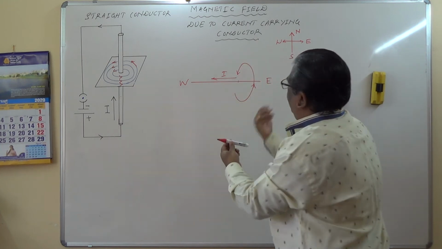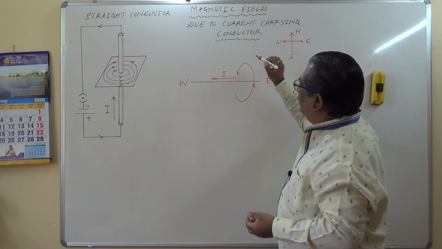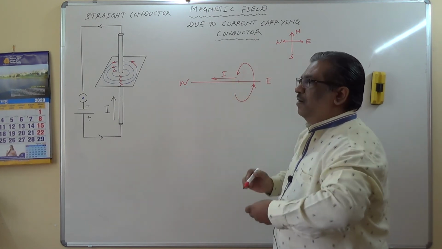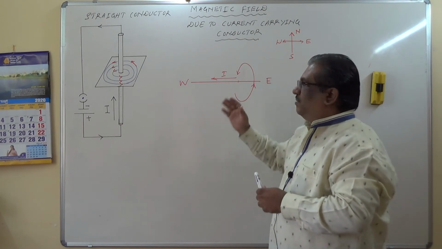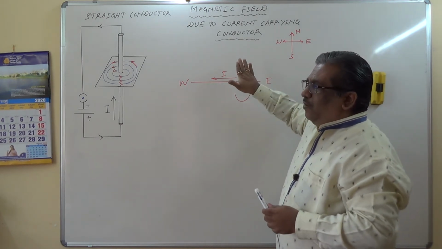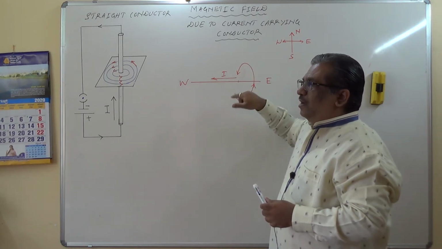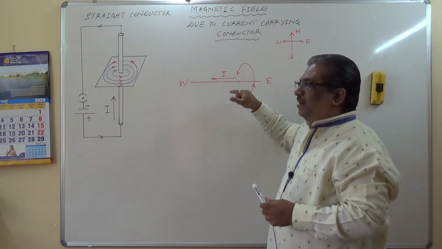It is going that side and coming out. So at the bottom it is coming out, on the top it is going inside. What is the answer? The current is in the east-west direction. Applying the right hand thumb rule, we get that the magnetic field at any point below or above the wire turns clockwise in a plane perpendicular to the wire.